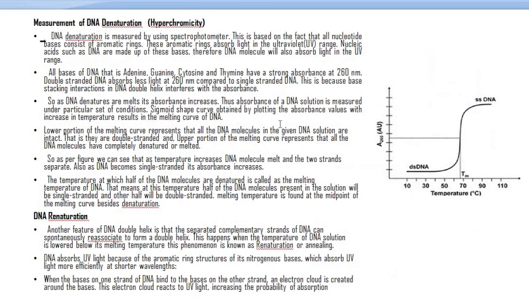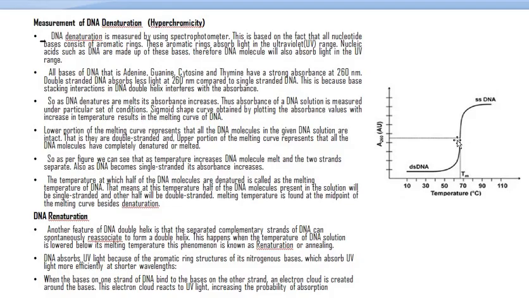This curve, the DNA melting curve based on UV light absorption, indicates that in the native state of DNA, that is the double helical strand, DNA will show minimum UV light absorption at 260 nanometer. When we increase the temperature, the double helical strands get denatured and converted into single strands and exhibit maximum UV light absorption.